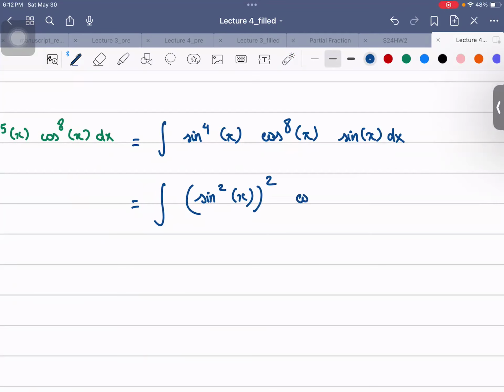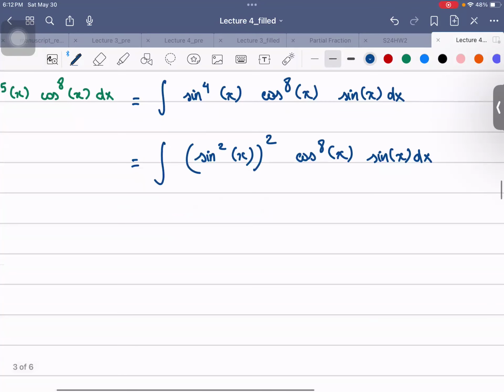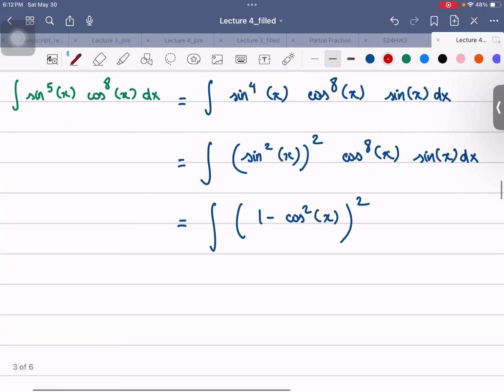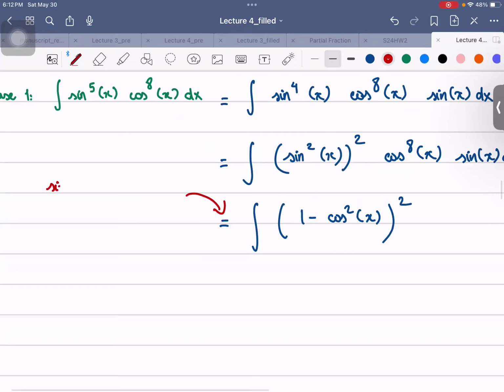I have cosine to the power of a, sine of x dx. Now we use the special trig identities. We know that sine squared plus cosine squared of x is 1.